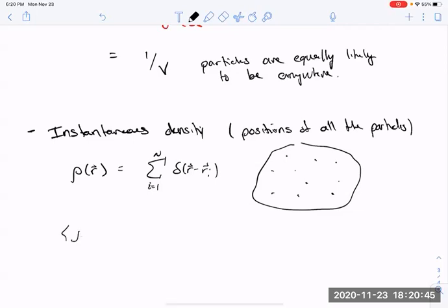If I average this density, I can bring the average inside that sum. So I'll have a sum over all the particles, the average of this delta function. If all the particles are the same, that's just N times that average.